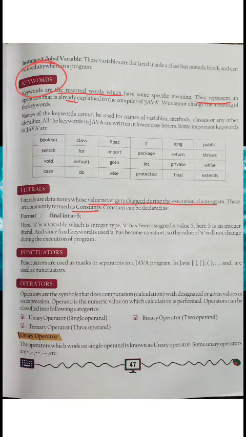And how can a constant be declared? We can declare a constant as final int a = 5. Here final is a keyword, int is the data type, a is the variable, and the value is fixed, that is 5.